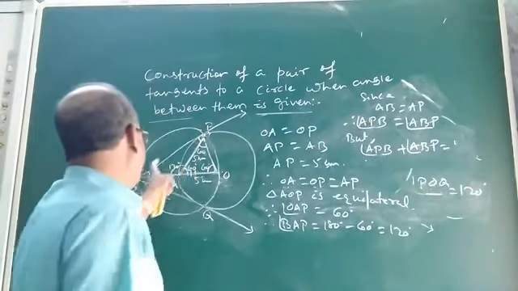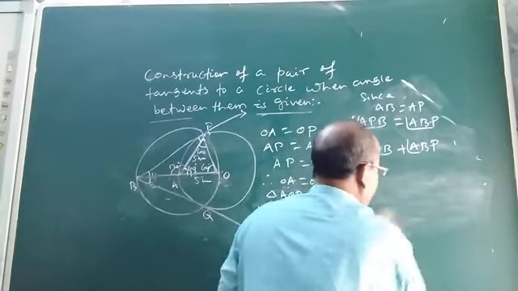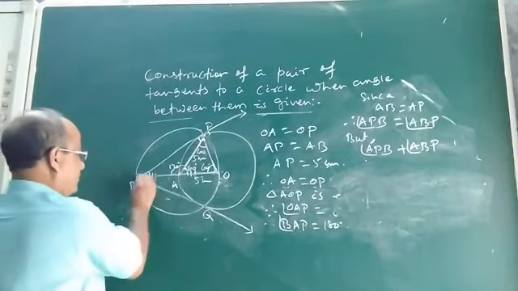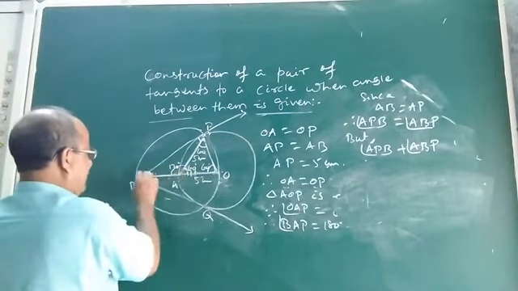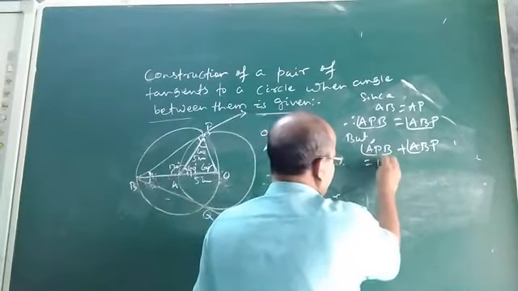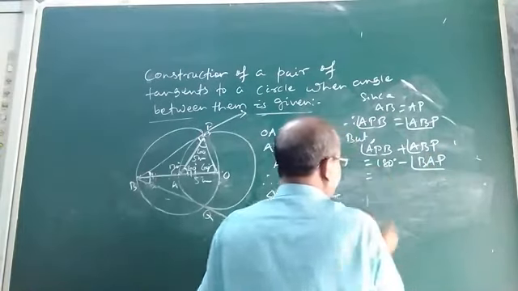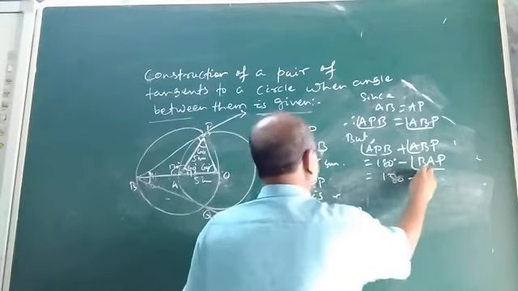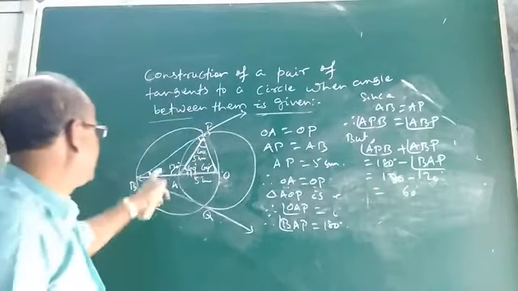Angle APB plus angle ABP will be 180 minus 120, because angle BAP is 120 degrees. So the sum of ABP plus APB is 180 minus angle BAP, that is 180 minus 120, which is 60 degree.